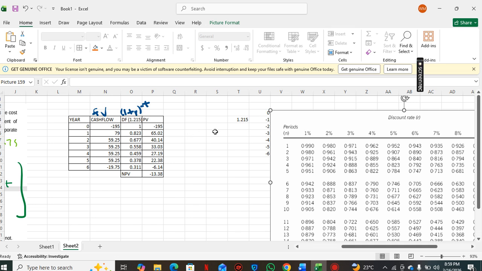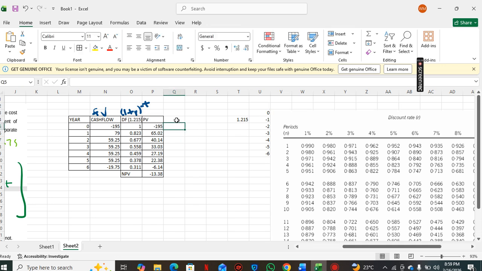You can also use 2%, you can use 3%. Anything below 21.5% you can choose. But always in the exam just be extravagant, because at times you might choose a discount rate and you still get a negative one. So it means you have to continue with trial and error.